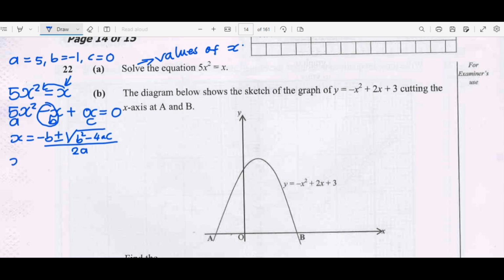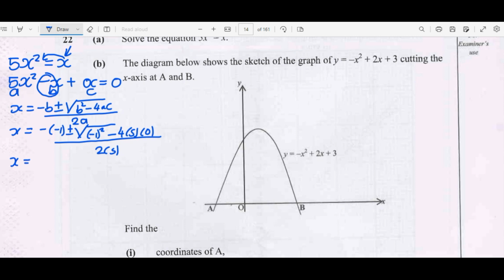So now let's do substitution. So we have minus -1 plus or minus square root of -1 squared minus 4 times 5 times 0, over 2 times 5.